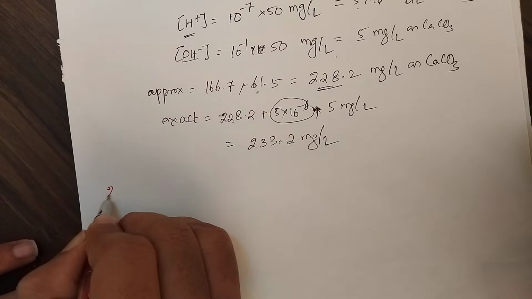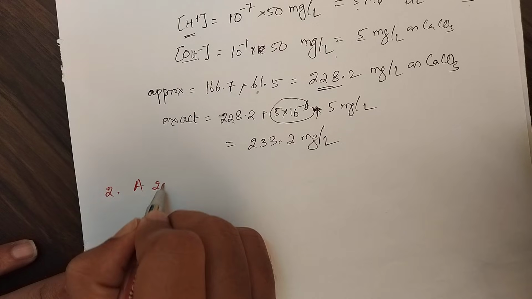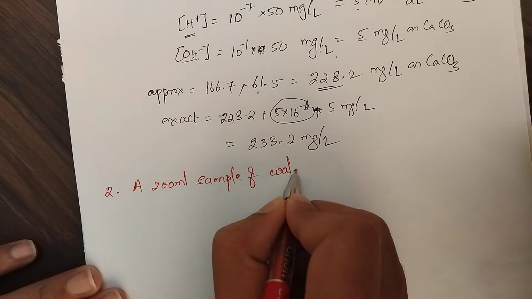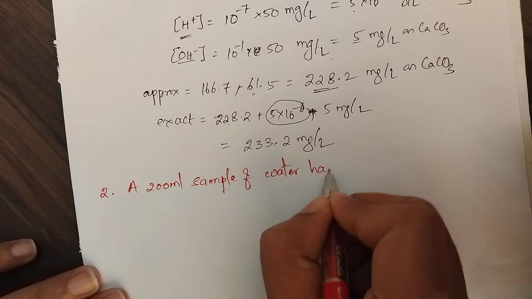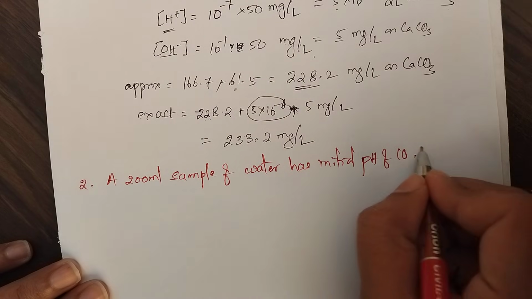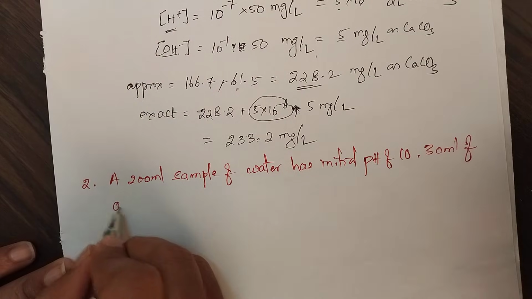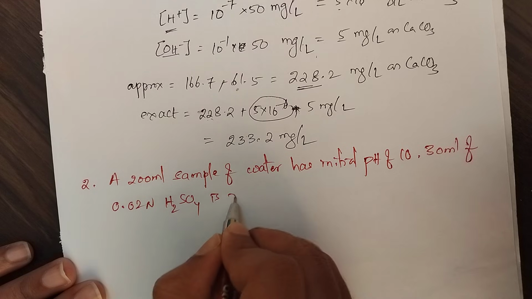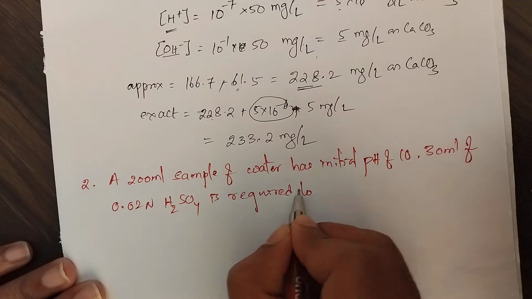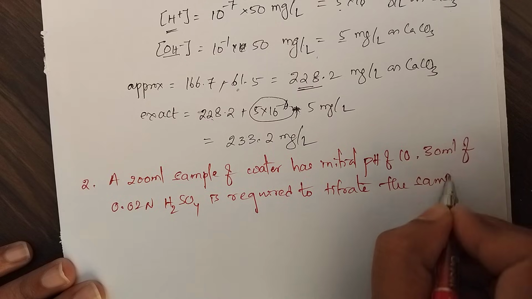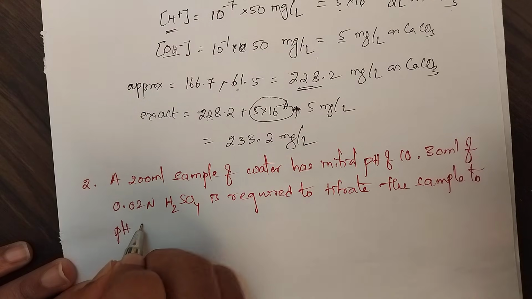Let us go to the second question. A 200 ml sample of water has an initial pH of 10. 30 ml of 0.02 normal H2SO4 is required to titrate the sample to a pH of 4.5.